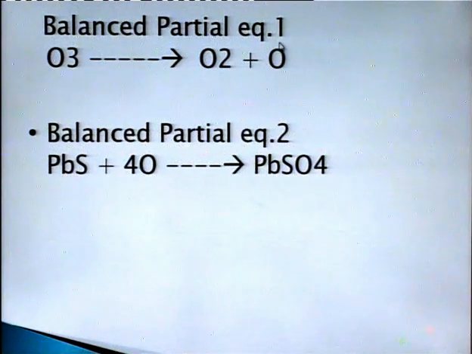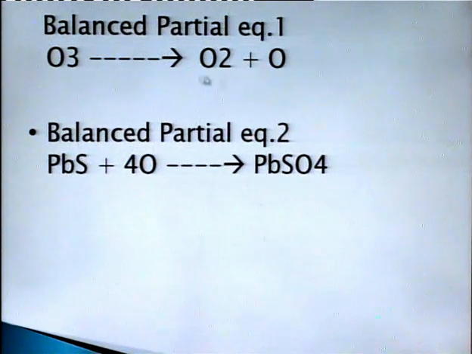Balanced equation 1, if we count the number of oxygen atoms on both sides, here are 3 oxygen atoms and this side also contains 2 plus 1, that is 3 oxygen atoms. That means this equation has been already balanced.